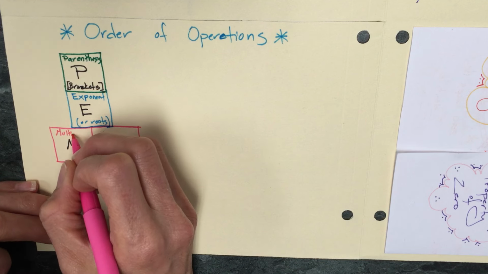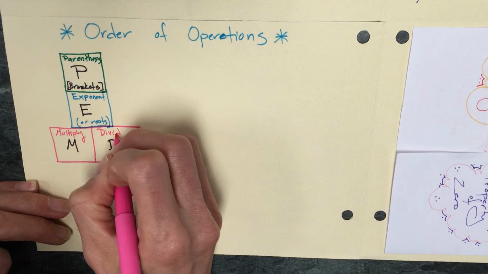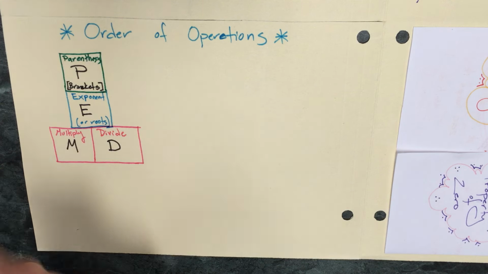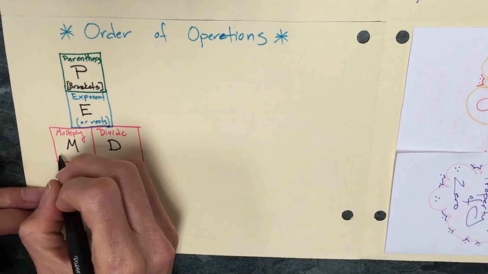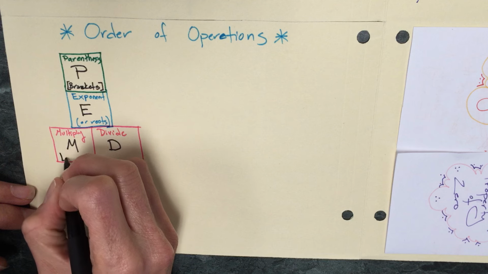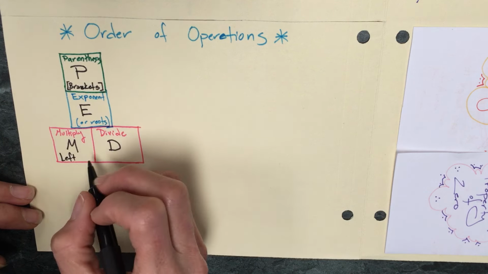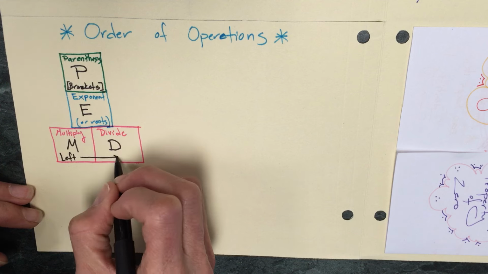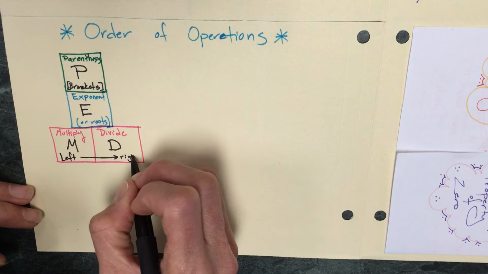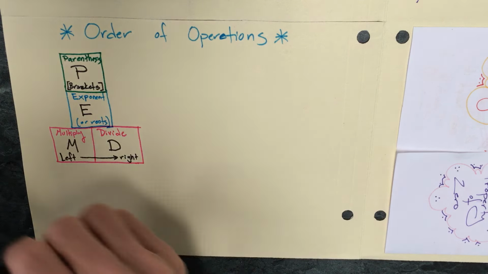Multiply, divide. But the important thing is you do whatever one of these comes first in the problem. So whatever comes first when you're reading the problem from left to right, just like you read a book. Whichever comes first, multiplication or division, that's what you would do next to simplify your expression.